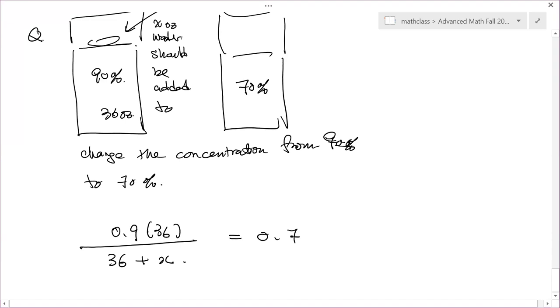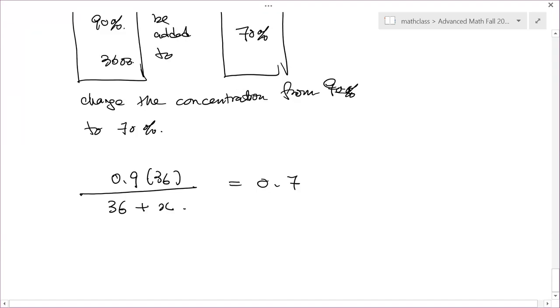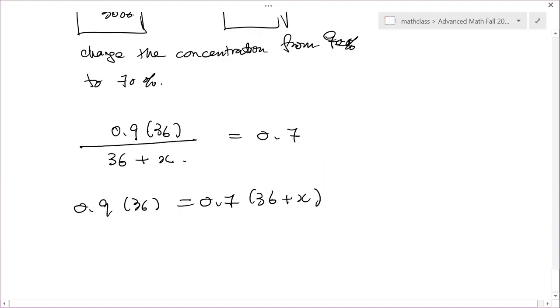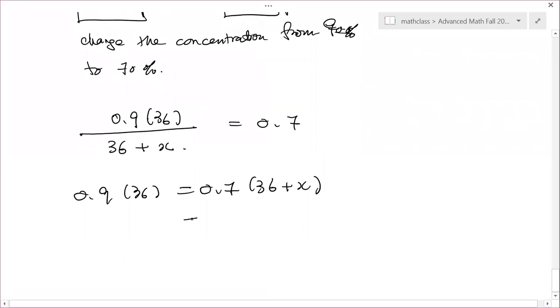This is all about, okay? So you have to get this equation. Now the question is how do you solve for X? It does not look like a linear equation, but actually it is a linear equation. 0.9 times 36 equals 0.7 times (36 plus X). So you multiply this out, you will get 0.7.